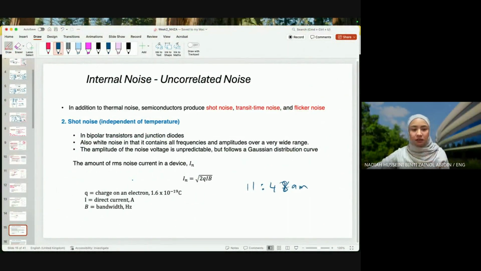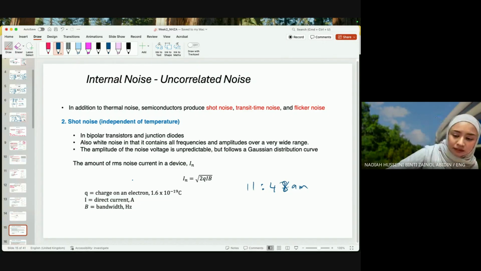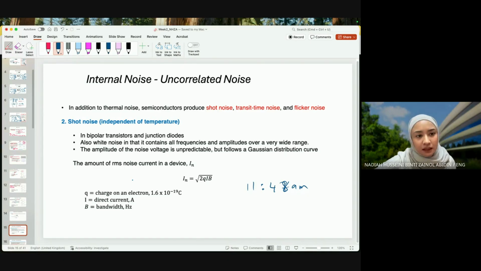Okay, so let's continue. As I mentioned to you before, there are two types of noise, internal and external. So let's write it here. We have external and internal.